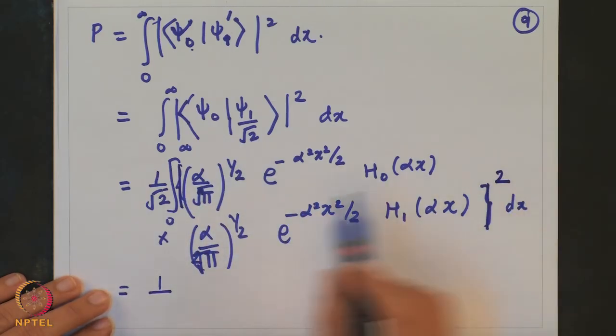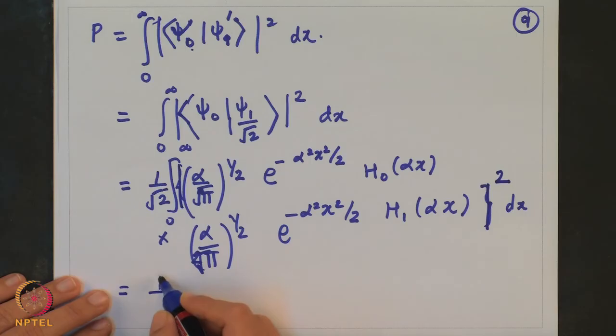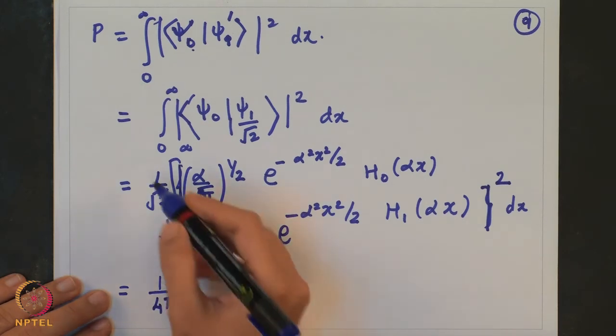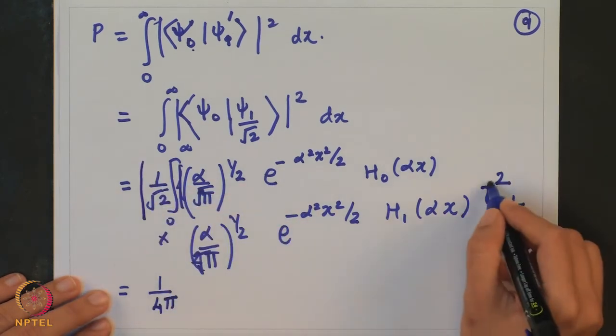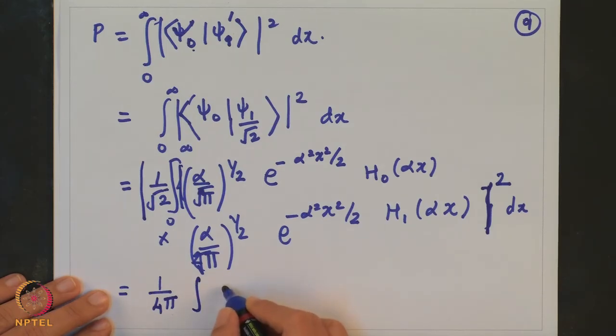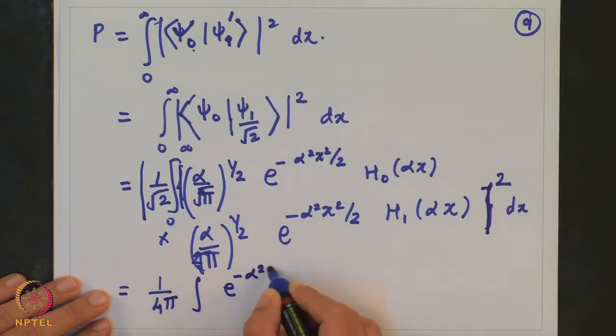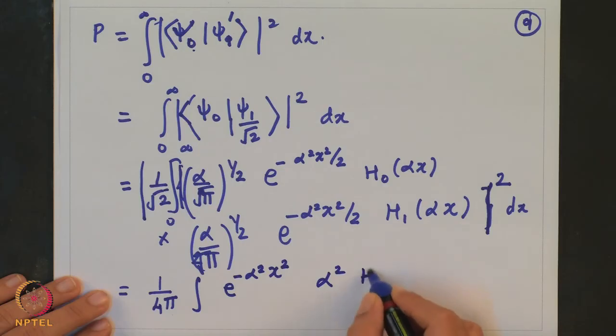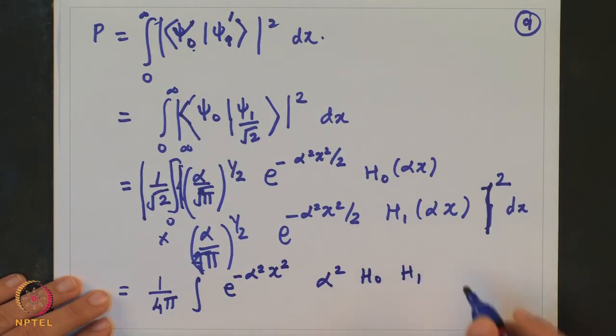This is whole square. So, when you take this out you will have alpha square. So, I will just take the 4 pi term out, this entire square. So, this is 2 and this is 2 pi. So, I will have a 4 pi and I will have e raised to minus alpha square x square. I have an alpha square term, H naught and H1, dx.